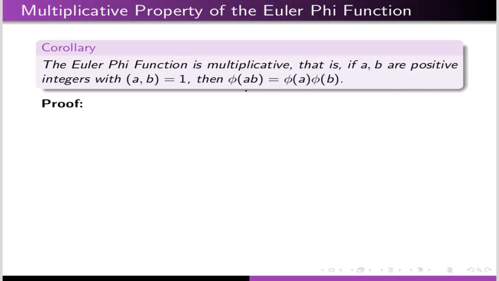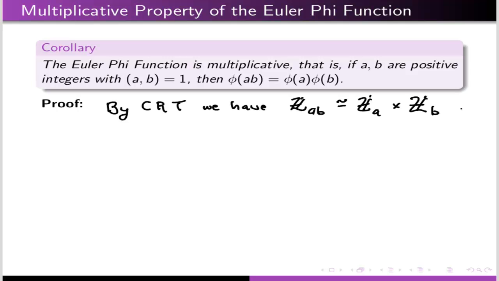And to prove this, we just use the isomorphism we established. So by the Chinese remainder theorem, we have that Z mod AB is isomorphic to Z_A cross Z_B, since A and B are relatively prime. And then I just look at the groups of units.